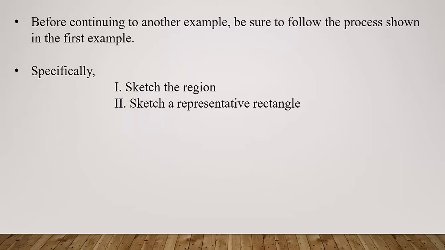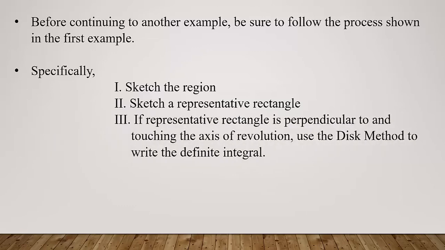That is important. Then the third thing, if the representative rectangle is perpendicular to and touching the axis of revolution, we use the disk method to write the definite integral and find the volume of the solid. This is important.